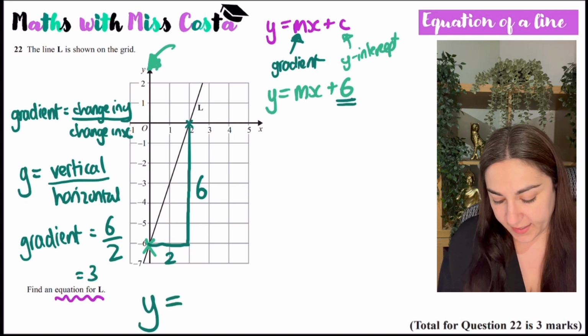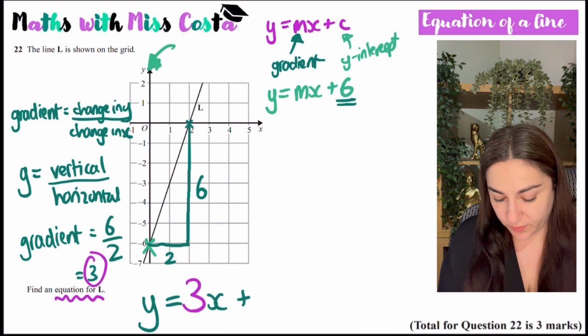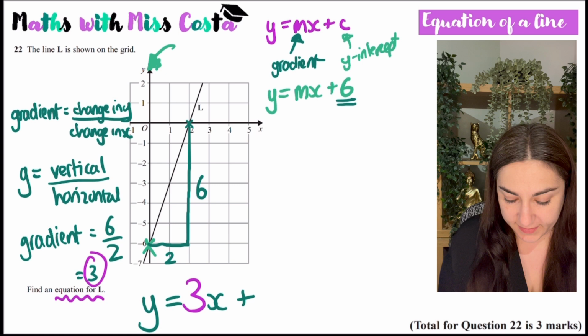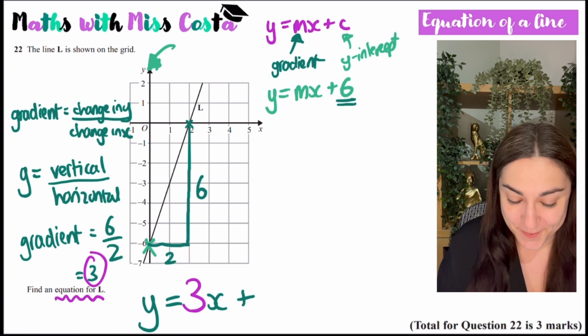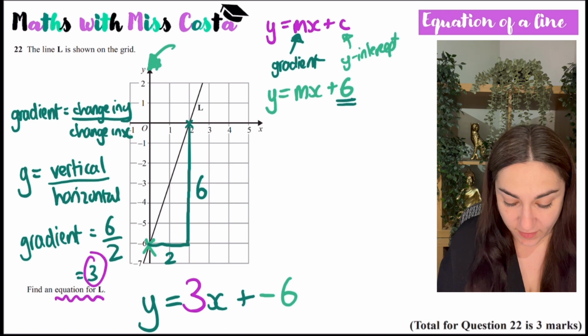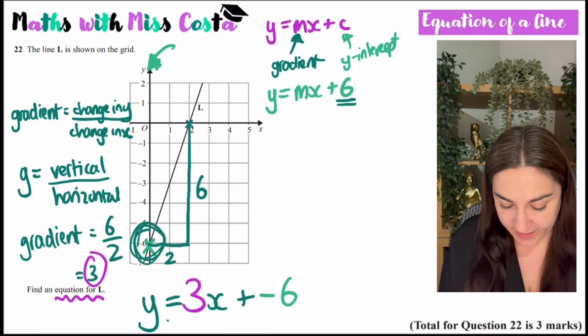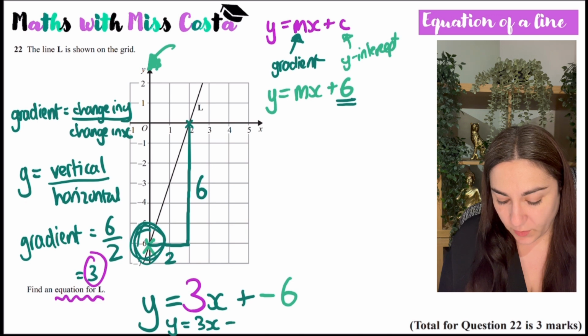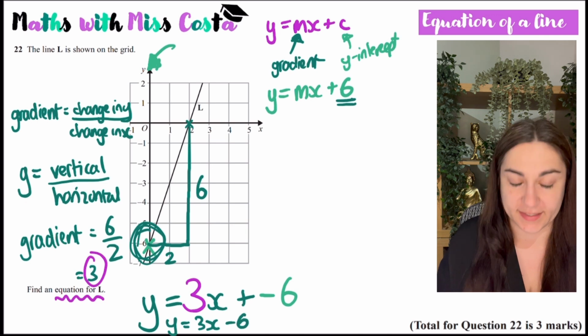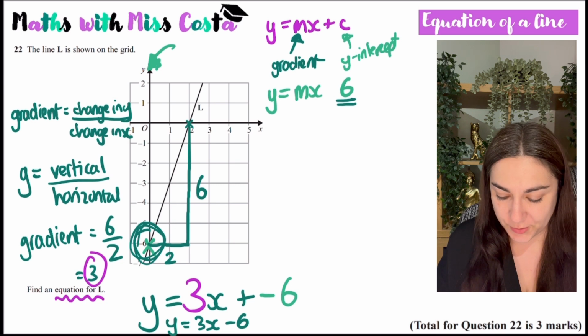Therefore, my line is going to be y equals 3x plus, oh, actually, I wasn't paying attention, this is minus 6. The line crosses the axis at -6. So I just rewrite that as y equals 3x minus 6. So yes, always pay attention to where the coordinate is.